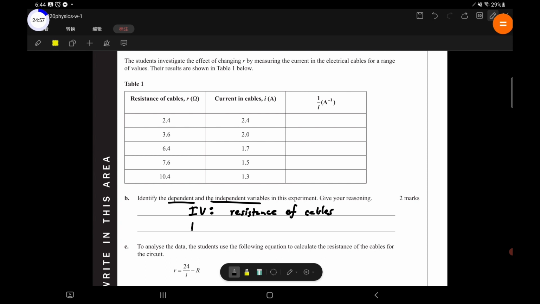By the same token, the dependent variable is the variable that we are measuring, dependent on another variable. So that will be the current in the cables which we are measuring. Just because I have OCD, I'll also write out the units as well. So those are our two variables.